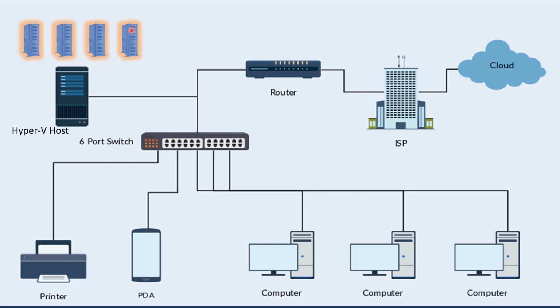In this case, all your virtual machines will be able to communicate and ping with the Hyper-V host computer, and the host computer can communicate with these virtual machines. But that's it. Virtual machines can communicate only among each other and the Hyper-V host.